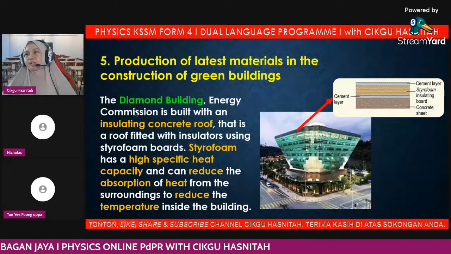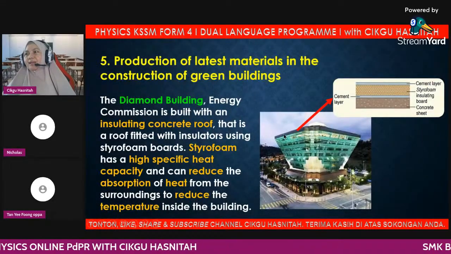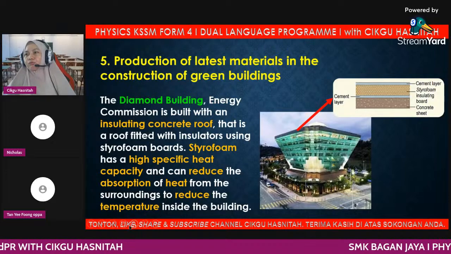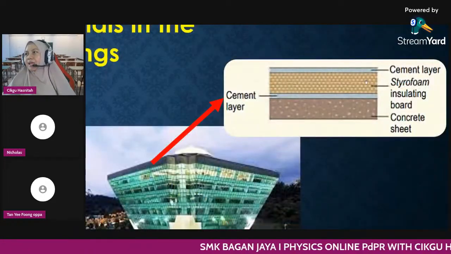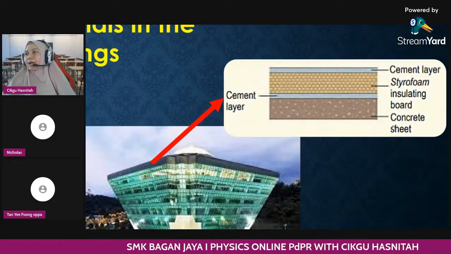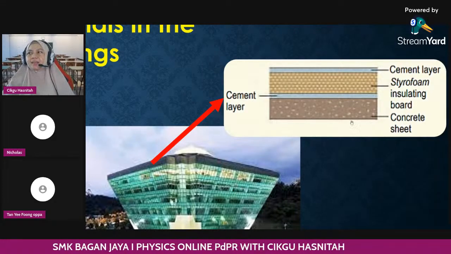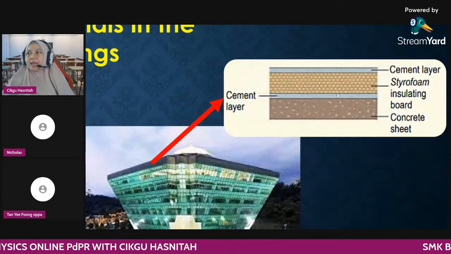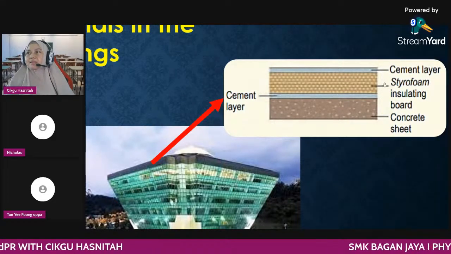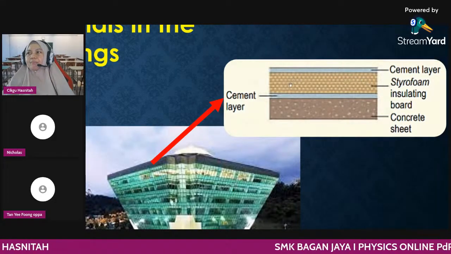So this diamond building, if you look at the structure of the roof, dia punya bumbung, the roof is made from laminated concrete. Kau tengok, there is a concrete sheet, and then a cement layer, and this is the styrofoam insulating board.